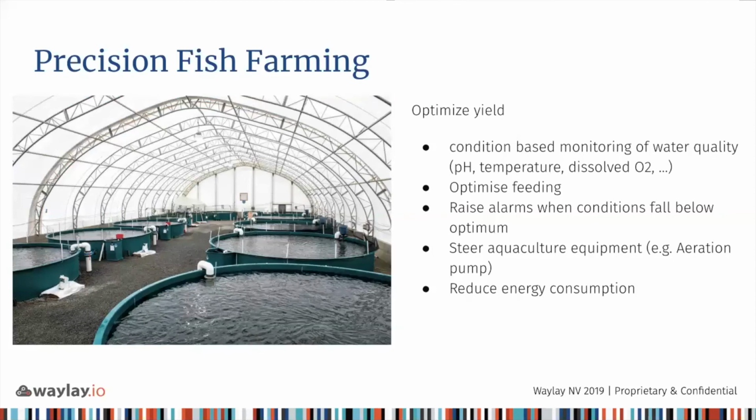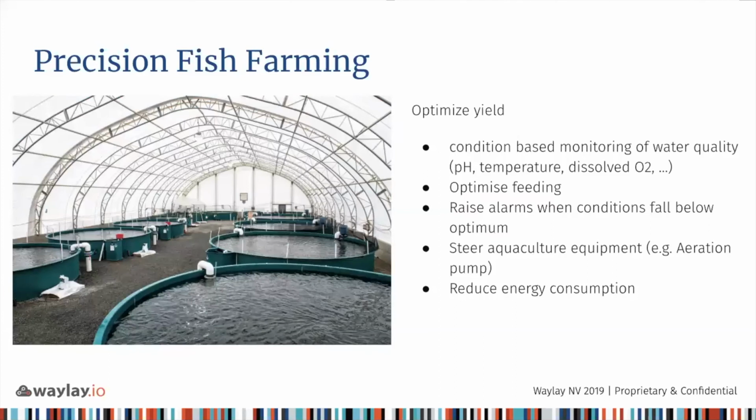The use case that I'll use throughout this presentation is called precision fish farming. Basically you have a number of fish tanks where fish are grown, and the whole goal of precision fish farming is to optimize the yield of the fish. The bigger and fatter the fish, the more the farmer can charge for them, and the more money he gets.